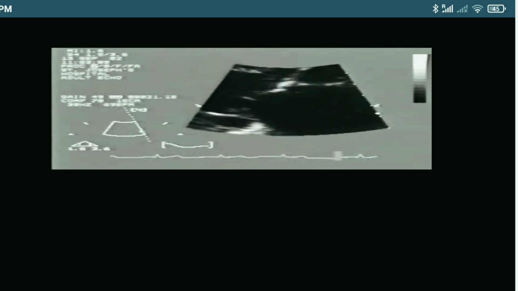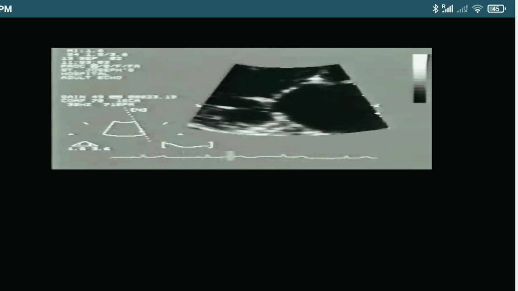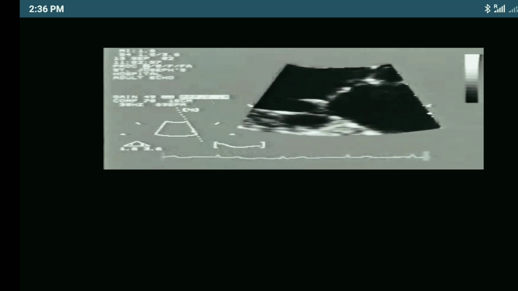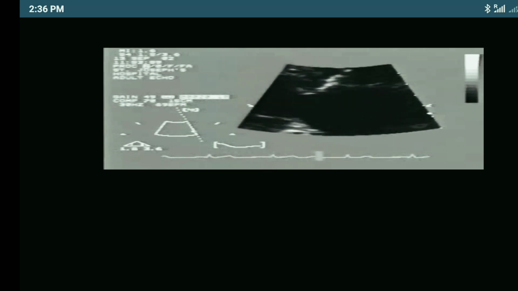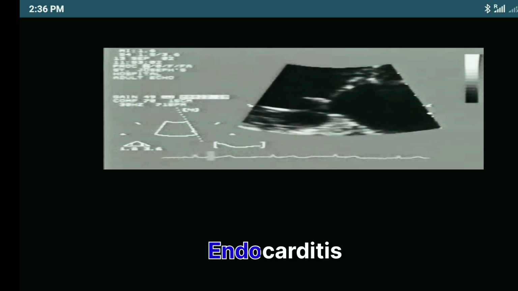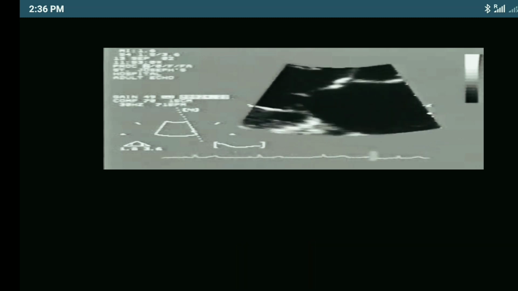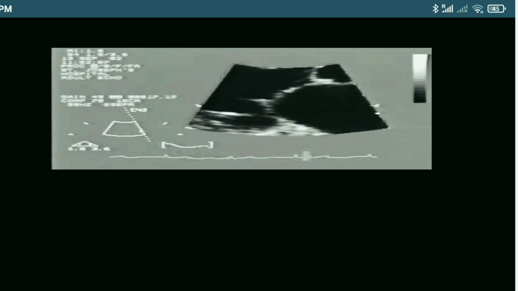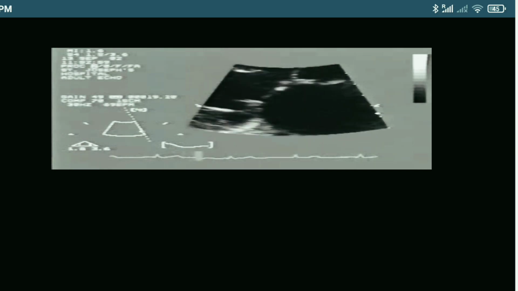If you talk about the causes of mitral stenosis, there are a lot of causes. Some of them: bacterial endocarditis can lead to calcification in chronic stages, and that can cause mitral stenosis.